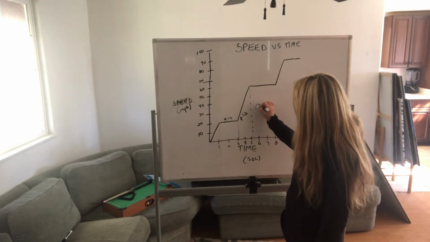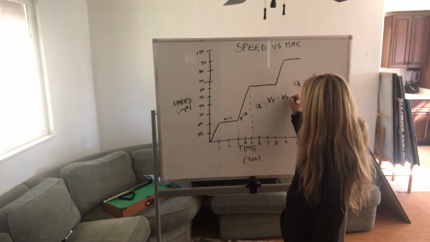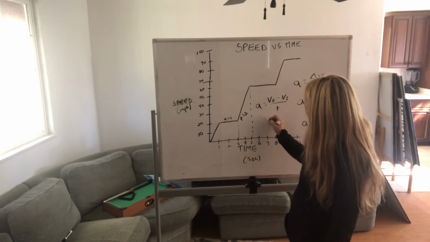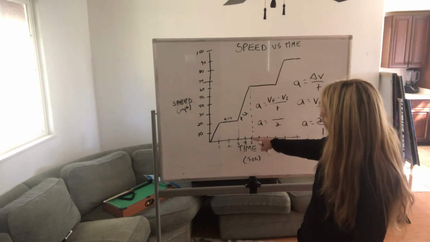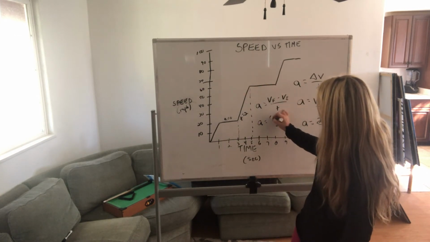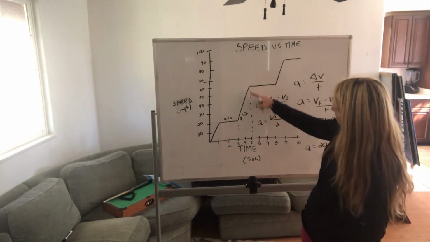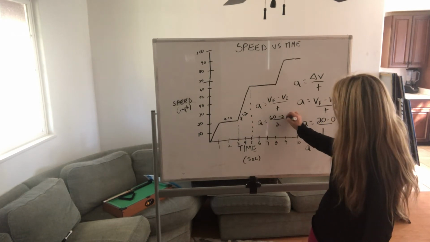We're going to use the same formula, Vf minus Vi over t. T is 2 this time. The final velocity is 60 miles per hour. The initial velocity is 20 miles per hour.